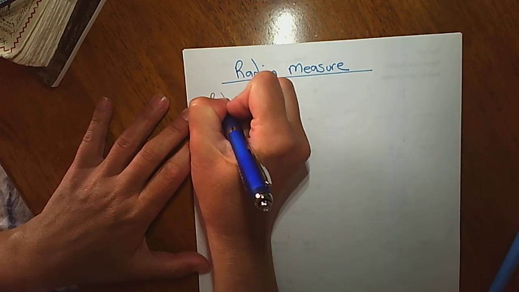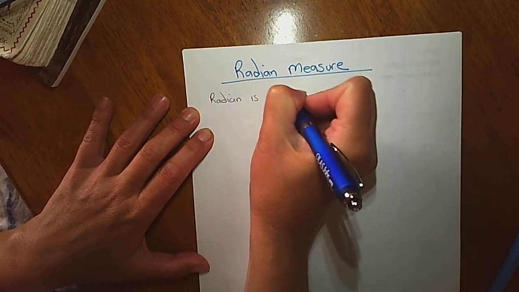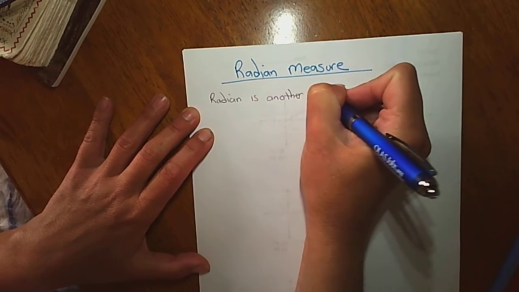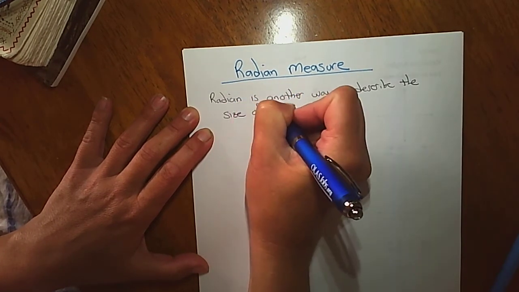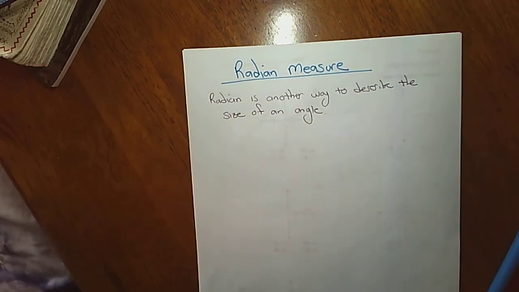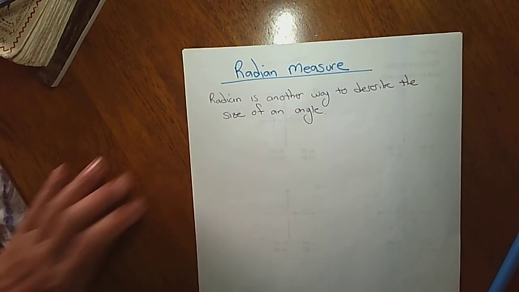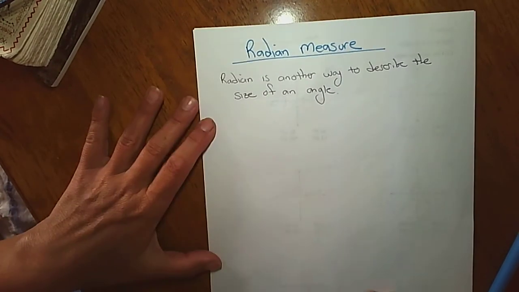Radian is another way of describing an angle. So radian is going to be a whole new way of describing the size of an angle. So we can say something in degrees and something in radians.